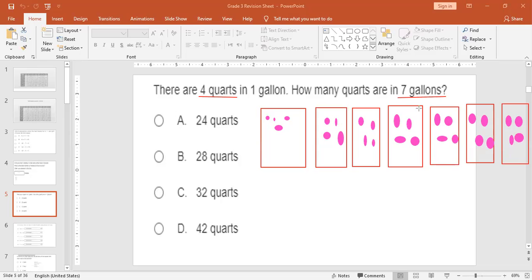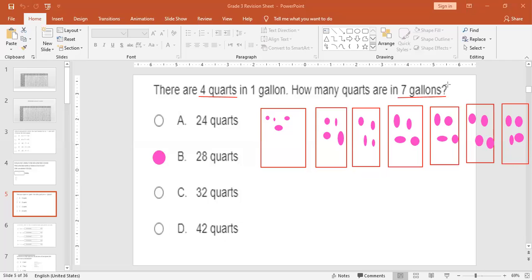So I can count, or I can multiply 7 times 4, or count from 1 until the last one. If you count from 1 until the last one, it is 28 quarts. So you can draw, you can multiply, you can do whatever you want to solve the problem.